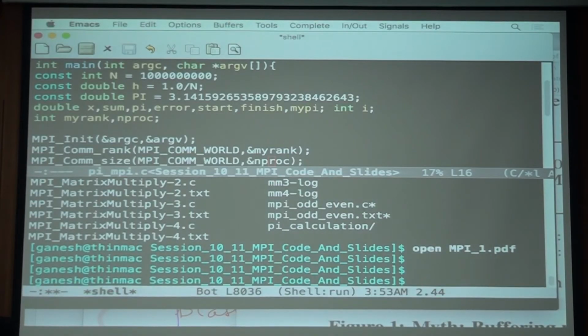So when I run this program, I do MPI run. Let me see, my internet is there.